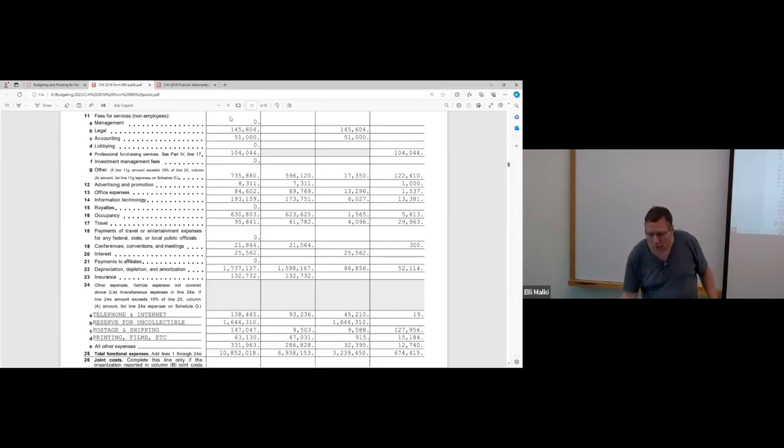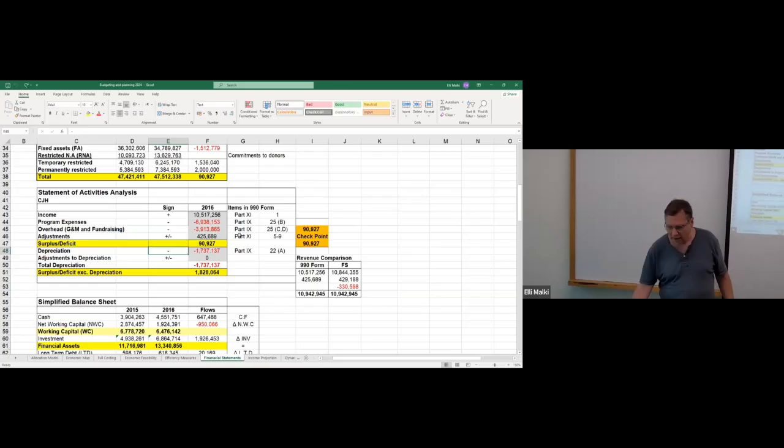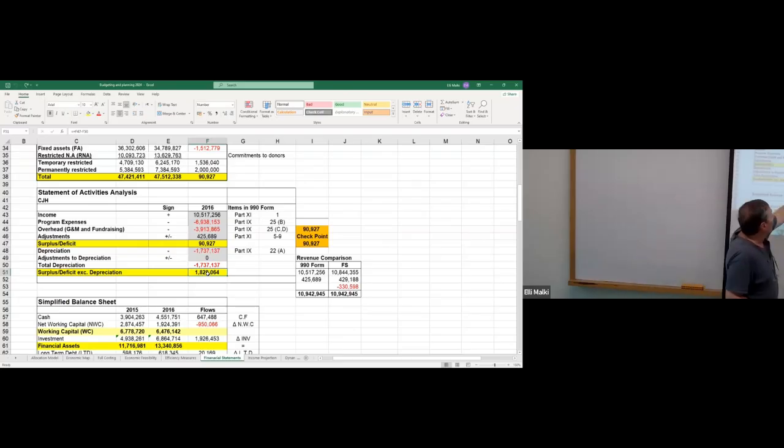And when we go back to our analysis here and we enter the depreciation here with a minus sign, we can see that in the financial statement, there was a surplus, a small surplus of 90,000. But if we look at our actual expenses, they were much less.